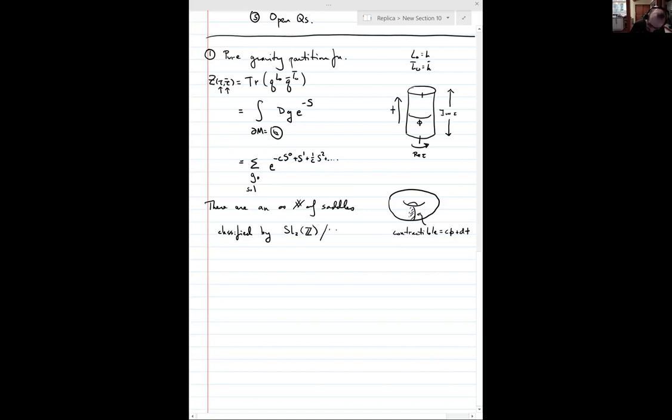And in fact, they're elements of the coset SL2Z mod Z, where you think of an element of SL2Z as a 2x2 matrix with integer entries. And the integers C and D are just the second row of that 2x2 matrix. So that's how you would find the infinite set of saddle points.